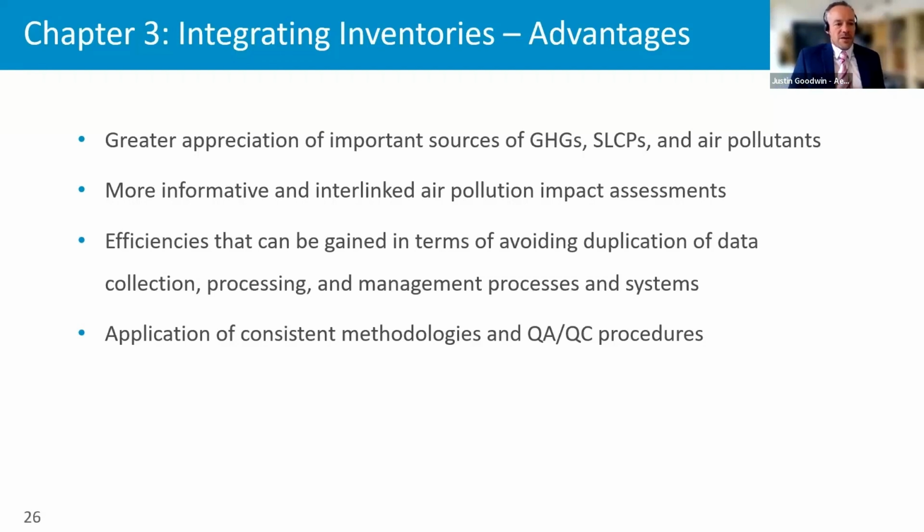The methods can be complementary. In many cases, you have more detailed analysis for some sectors. Sometimes you use a different approach because you need to understand more detail in those sectors. For example, in road transport for N2O and methane, the benefits you get from those higher tier calculations are benefits given to you by the need to understand road transport NOx emissions, NOx and VOC and PM emissions.